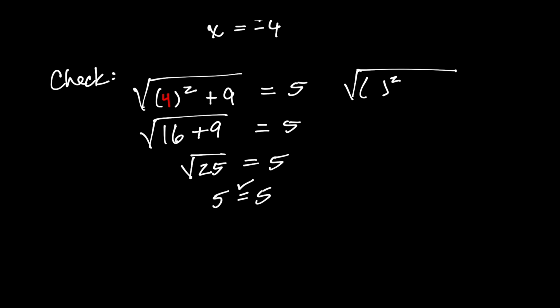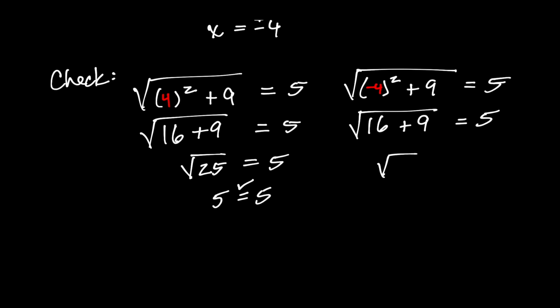So the square root of x squared plus 9 equals 5, only this time we're going to use negative 4. As it turns out, negative 4 times negative 4 is 16. So I still end up with the square root of 16 plus 9 equals 5. So the square root of 25 equals 5.